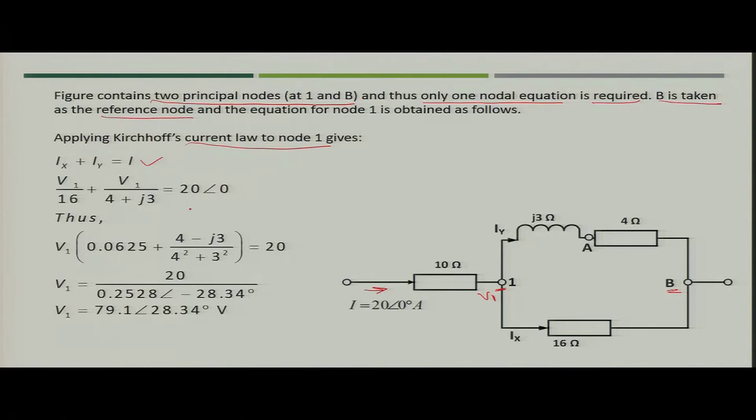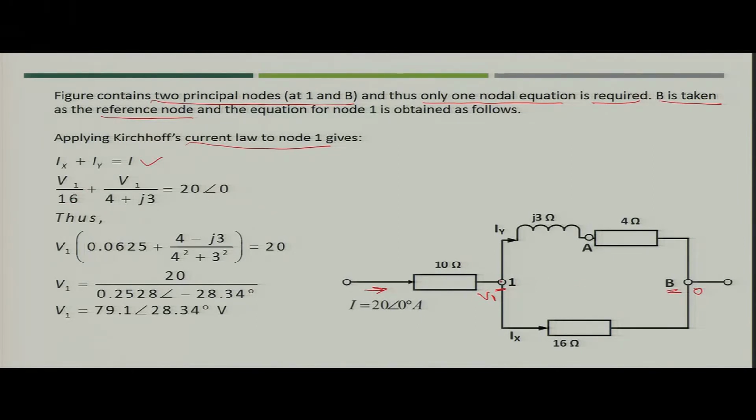You have to write the values of currents in terms of node voltages. So, for Ix, what is the value? That is basically the node you have already taken as a reference node. So, the Ix would be V1 divided by the 16 ohm resistance. So, V1 by 16 is Ix.